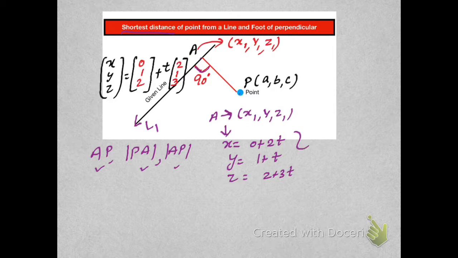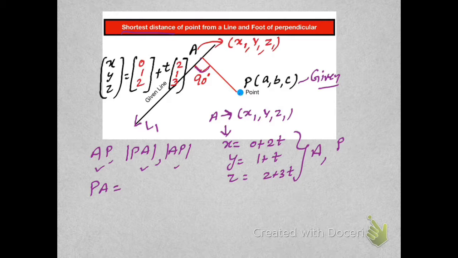Now this is your point A, and point P you already have because it will be given in the problem statement. Now you need to find vector AP or vector PA, and then its magnitude. For example, I will take vector PA.